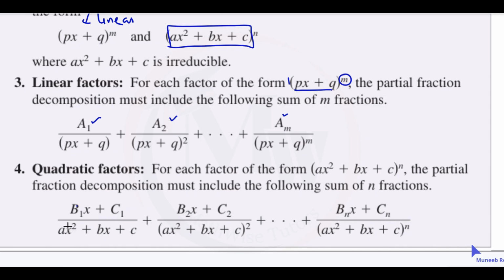So we have the denominator with the quadratic factor, and above is Bx plus C. They use B1 and C1, I use just B and C. They are just symbols to represent the constants. So the only point you need to remember: if you have a linear factor, write only one constant above, and if you have a quadratic factor, write two constants, one with x and the second alone. If we solve some questions, you will understand it clearly.